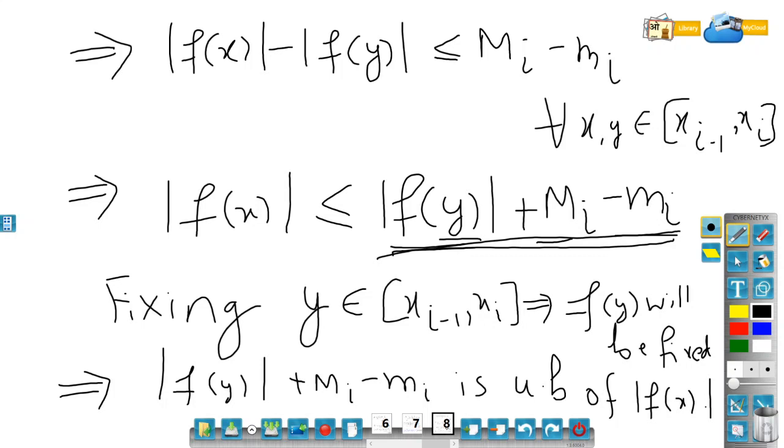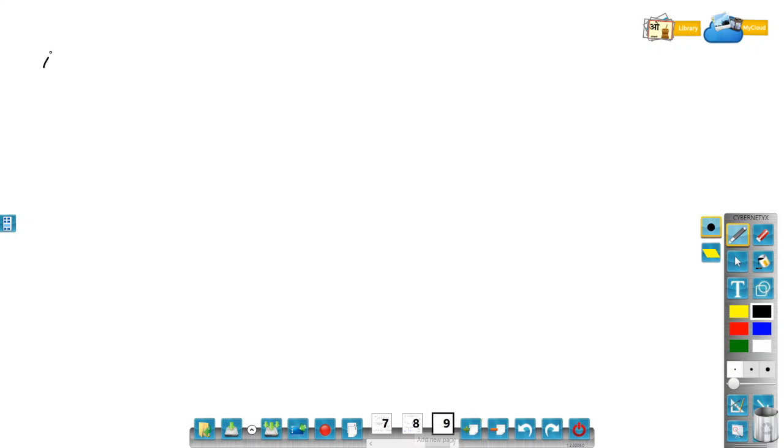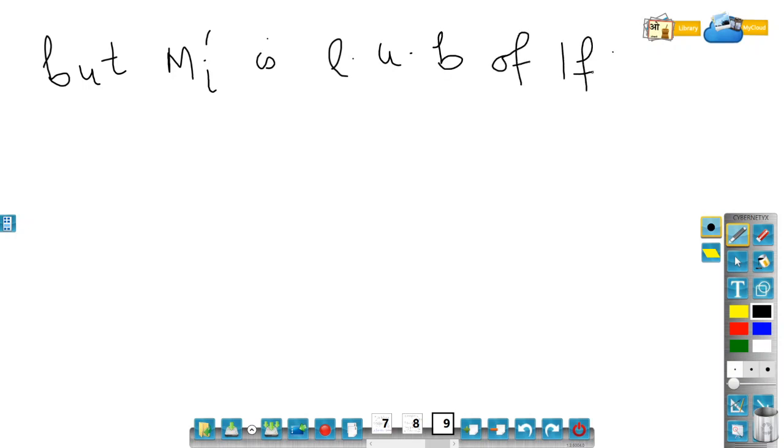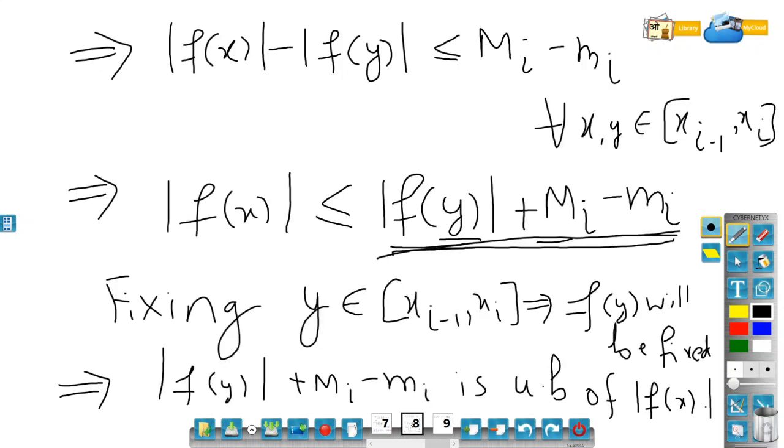But we already know one of the upper bounds of mod fx: Mi dash is the least upper bound of mod fx. So I got one upper bound as Mi dash and another upper bound as mod f of y plus Mi minus small mi.